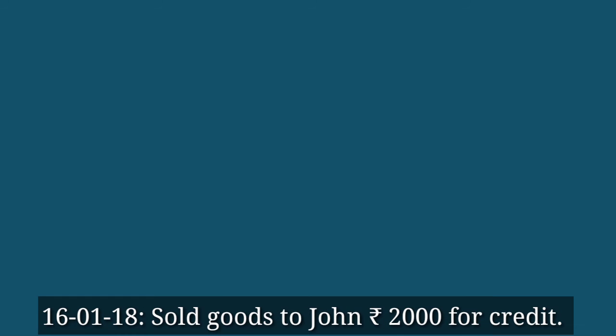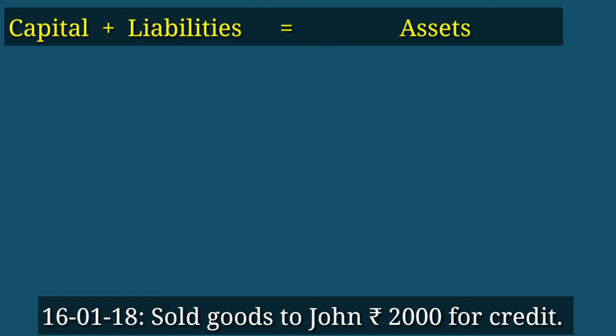On 16th January 2018, sold goods to John rupees 2000 for credit. This also we can prove through the accounting equation. This transaction is not a cash transaction.